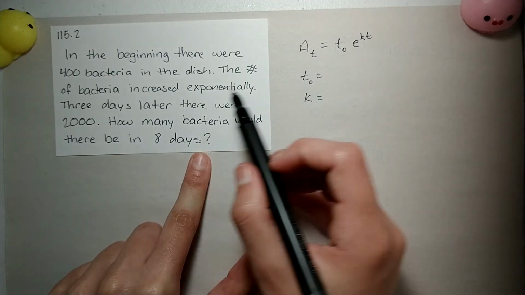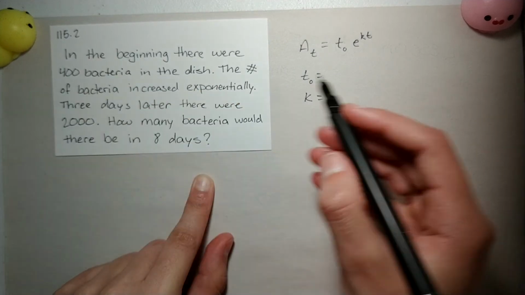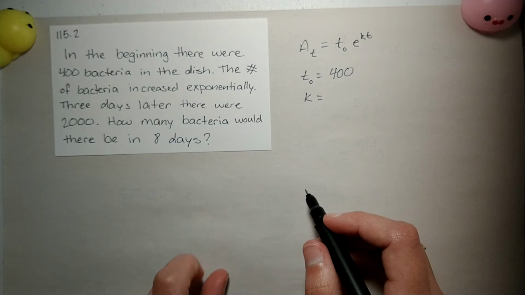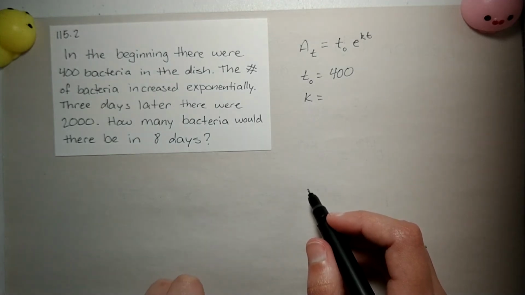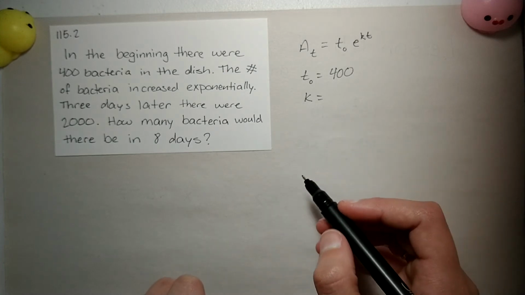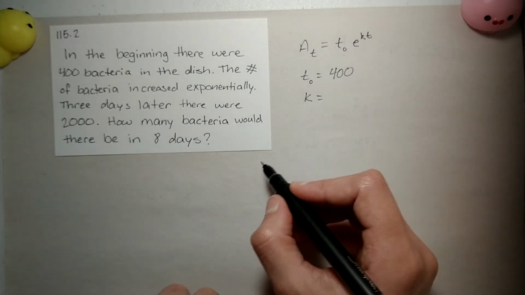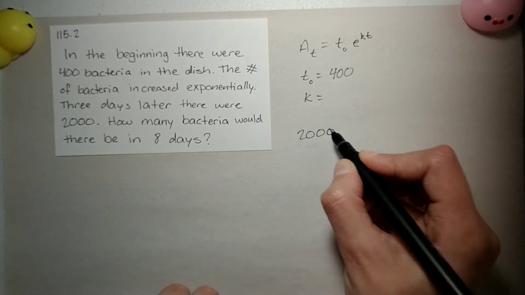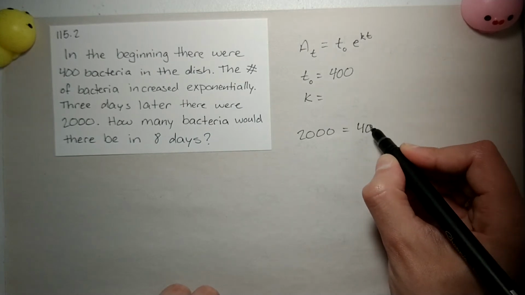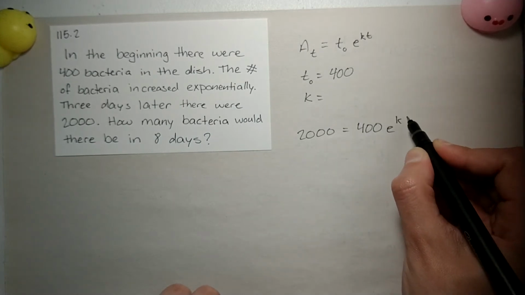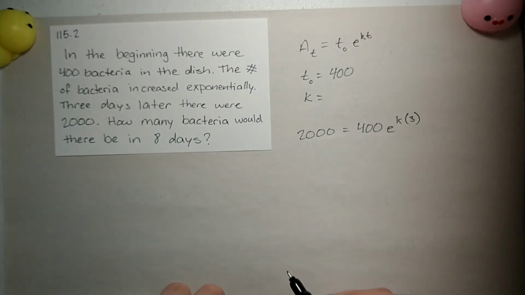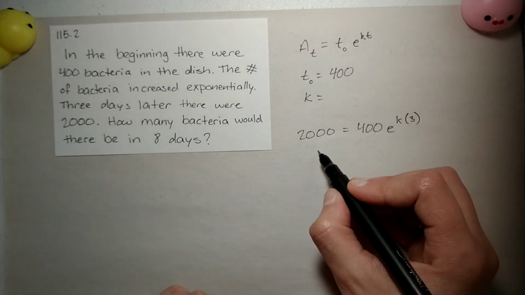From the problem, we can see that the amount at t0 was 400, so we already have that. And so we can use that to solve for k. So we have 2,000 bacteria after 3 days. We have the original amount, and then we have k, and the time here will be 3 days. Let's divide both sides by 400.